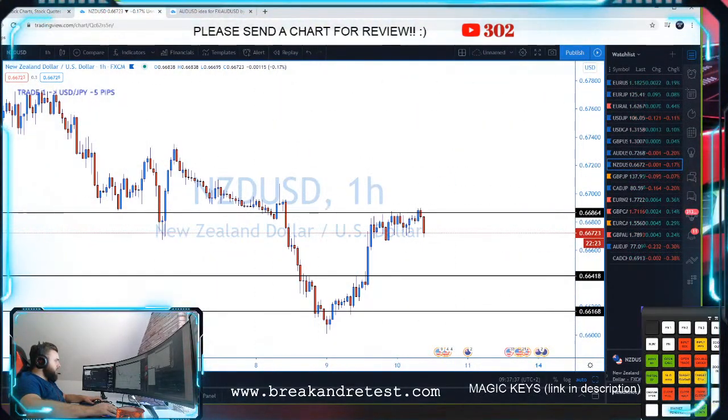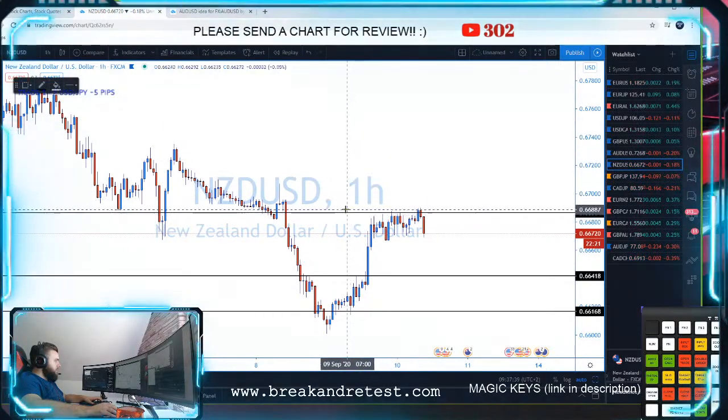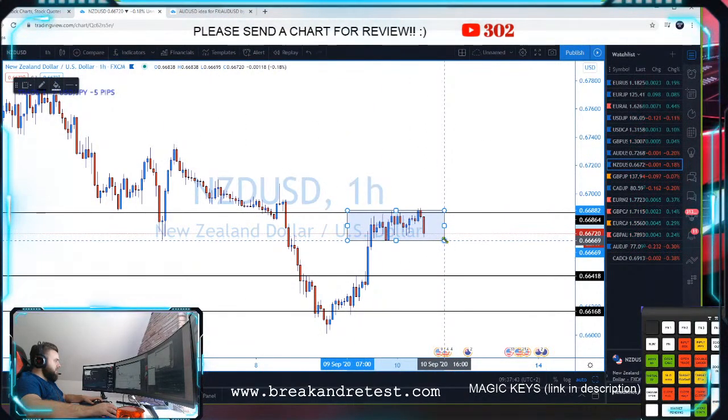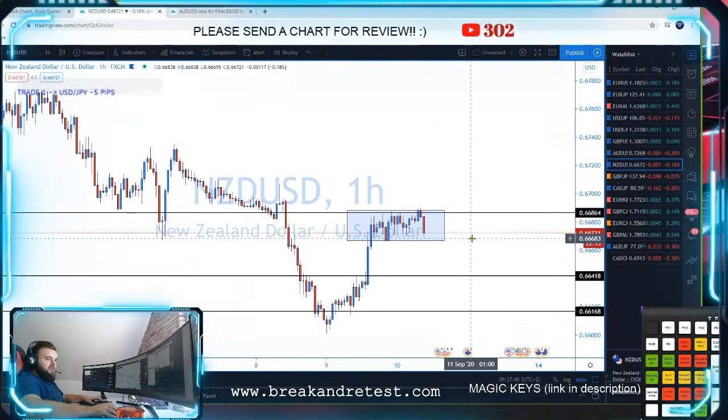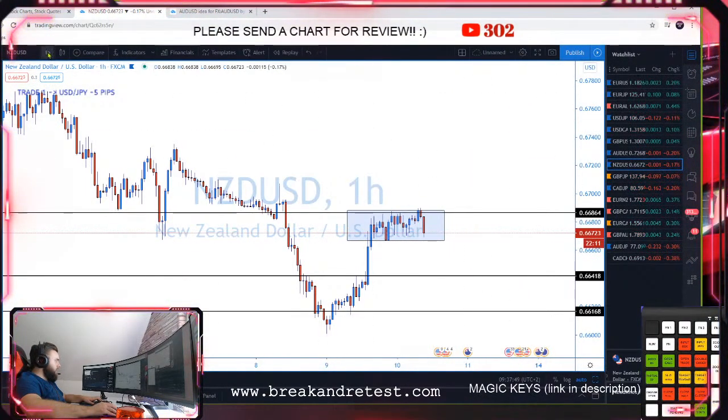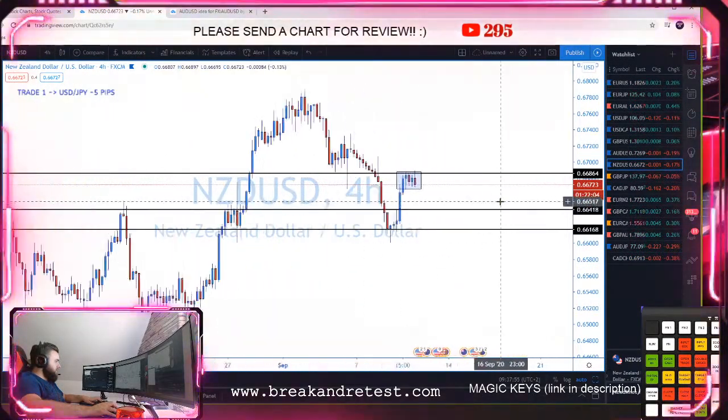NZUSD the same thing. I'm switching through these pairs and all I see is the same thing on all of them. They all look the same today because they moved in correlation yesterday.